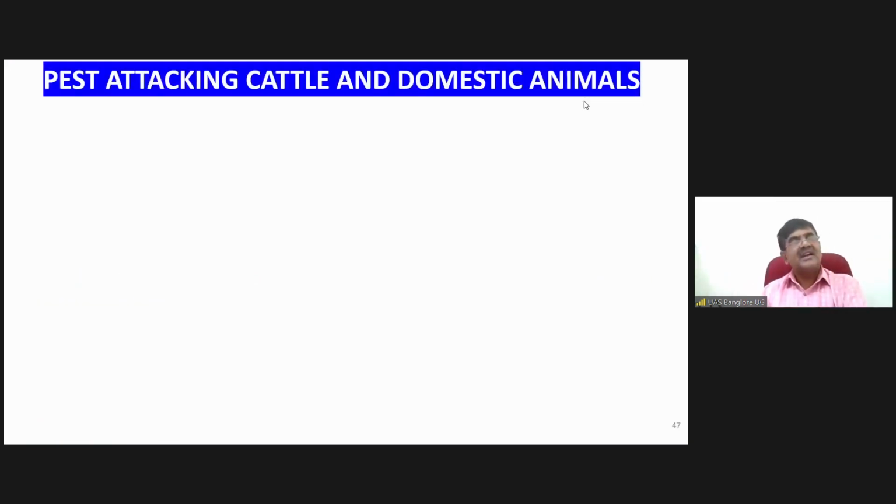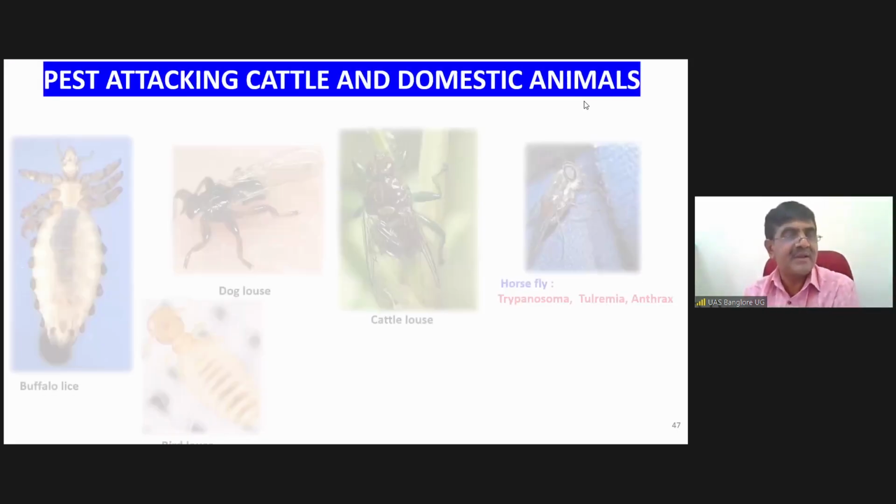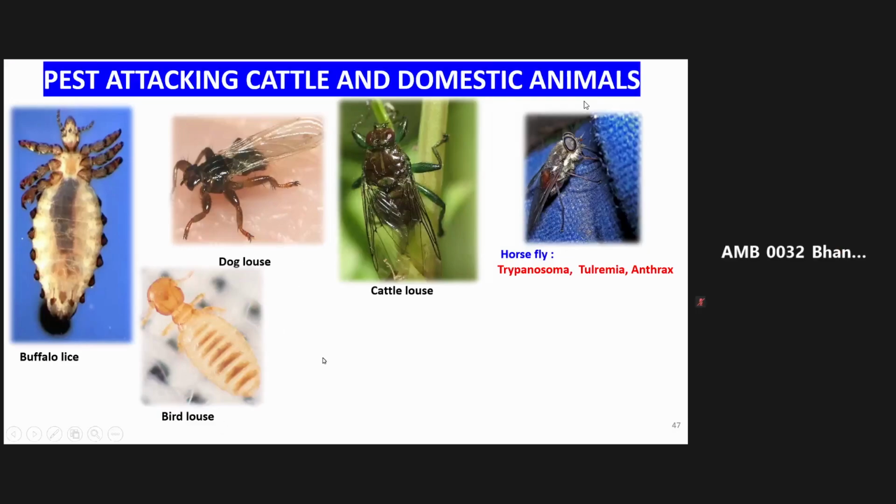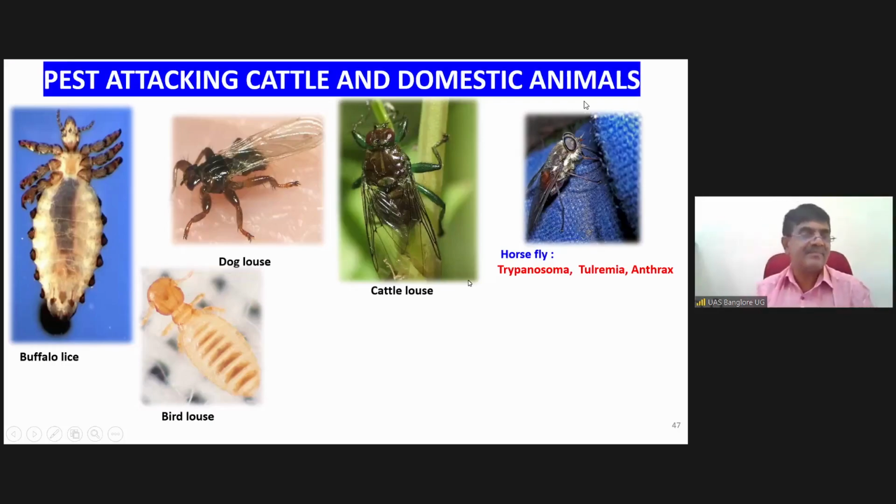Next, coming to pests attacking cattle and domestic animals. As you see in the slide, we have buffalo lice, dog louse, bird louse, cattle louse, and horsefly.